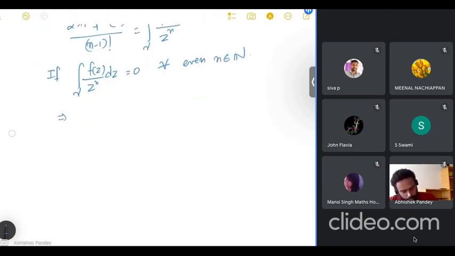This implies that f^(n)(0) is 0 for every odd natural number, isn't it?